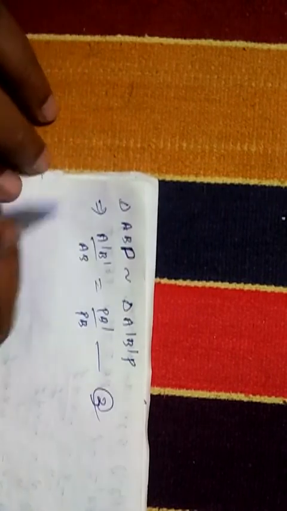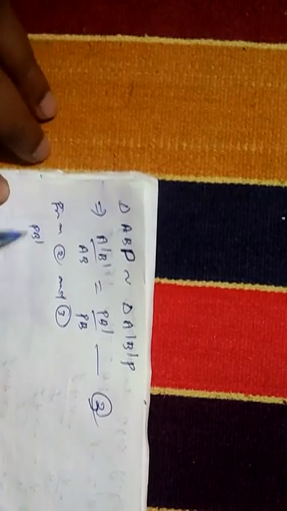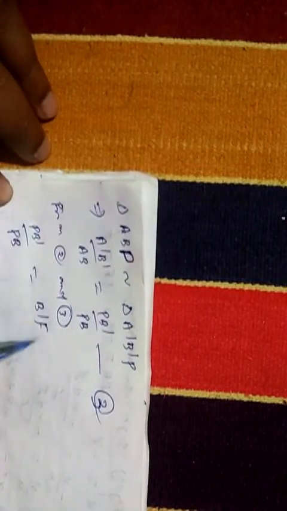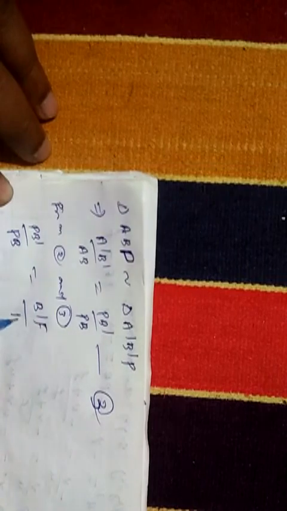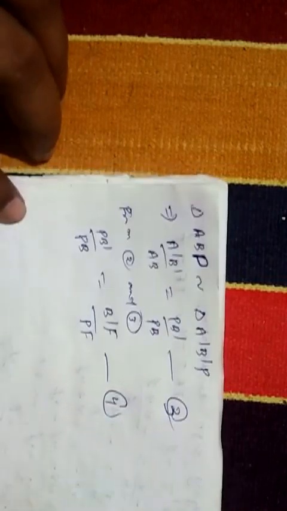From equation 2 and 3, we can write PB dash by PB is equal to B dash F by PF. Equation number 4. But what is B dash F?